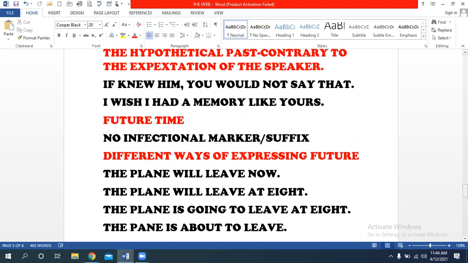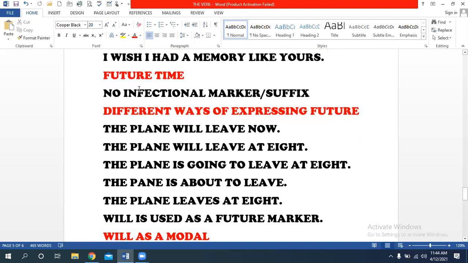Now to the future tense. So first of all, literally, if we base tenses on the part of inflectional morpheme, so future time, no inflectional morphemes are used, no inflectional markers are used, or no inflectional suffixes are used.